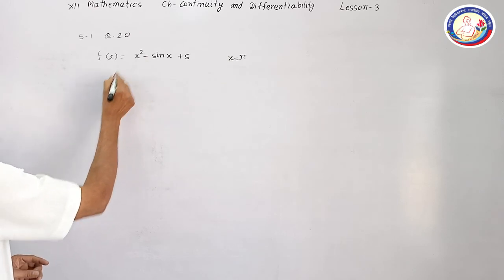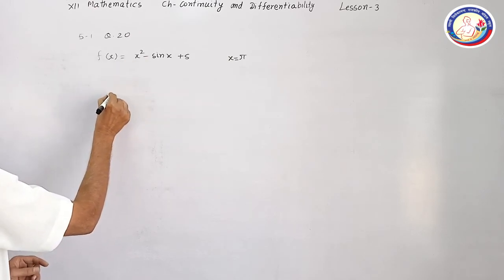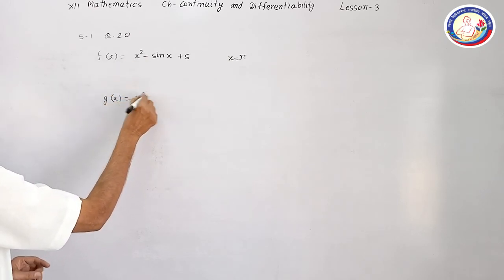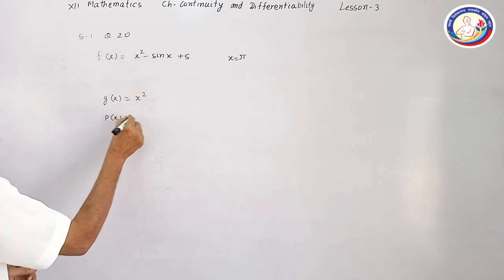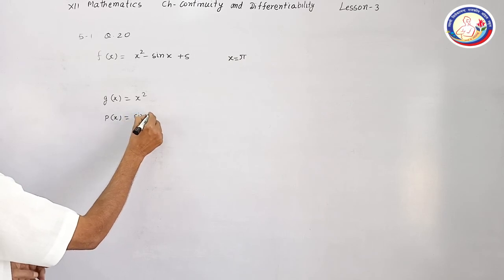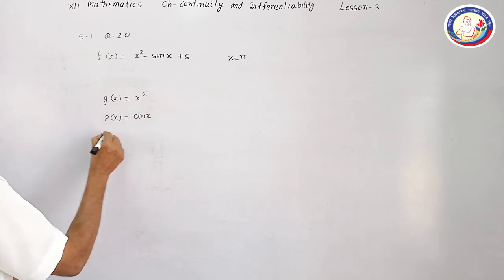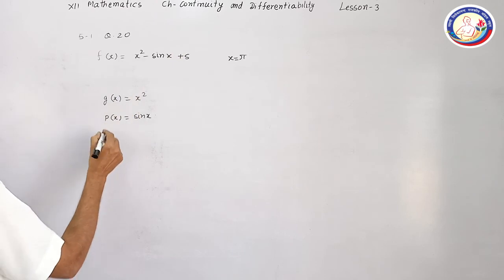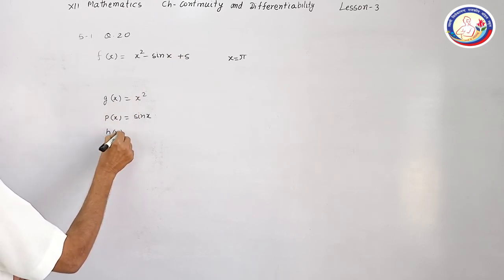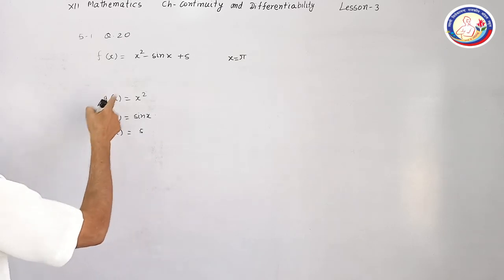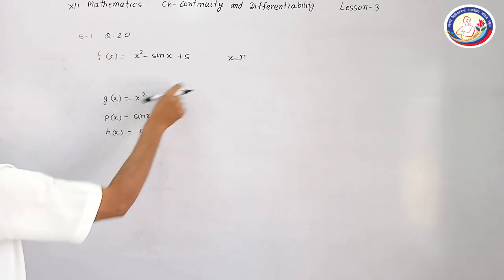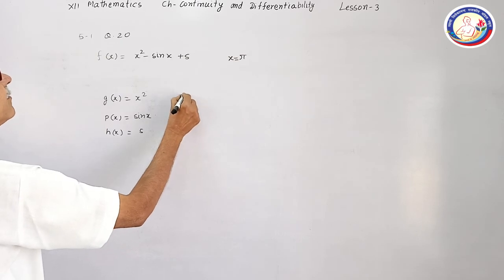Say this is g(x) equals x square, this is p(x) equal to sin x, and this function is denoted by h(x). So what will we do? We will test the continuity of g(x) at x equal to pi.